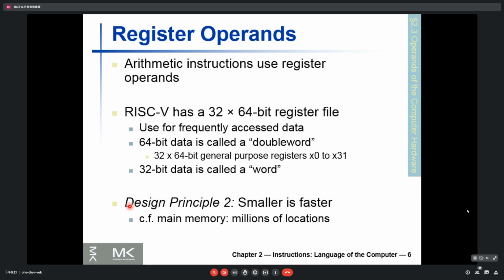So if you know that you want to work on this data, it's better that you put these important data in memory that is fast.